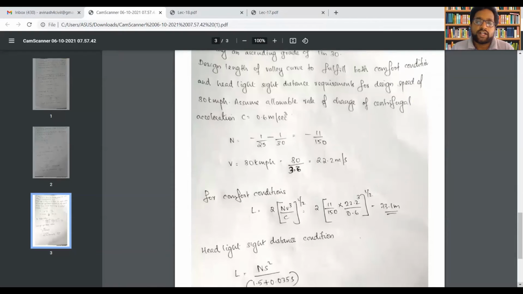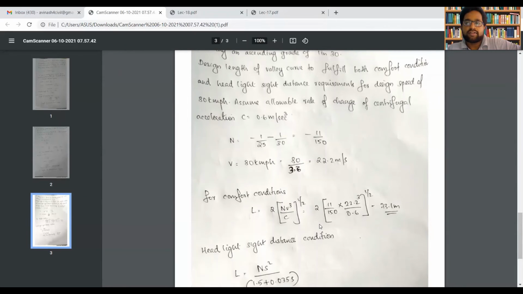Now we have to find the length of valley curve for the comfort condition as well as the headlight sight distance condition. For the comfort condition, the length of valley curve L is equal to (2 into N V cube by C) whole raised to 1 by 2.